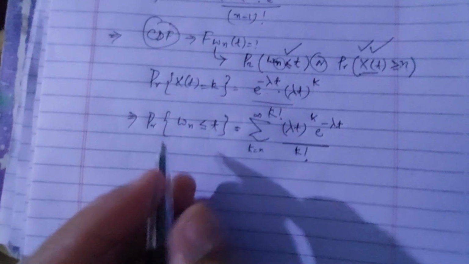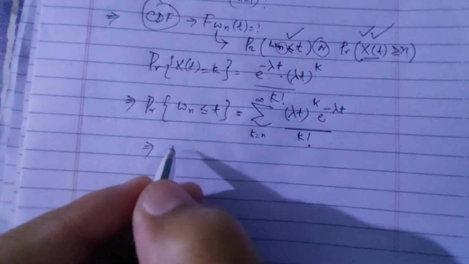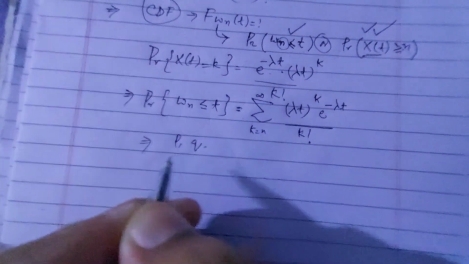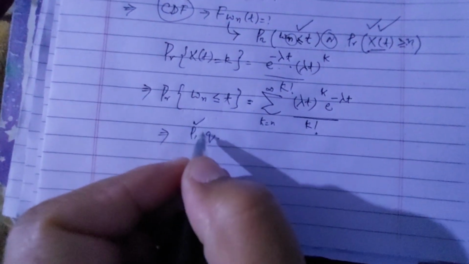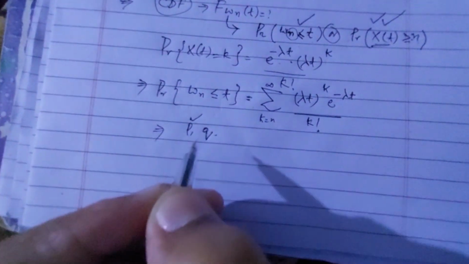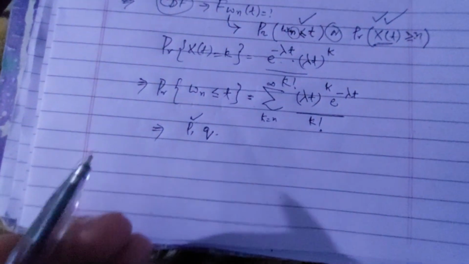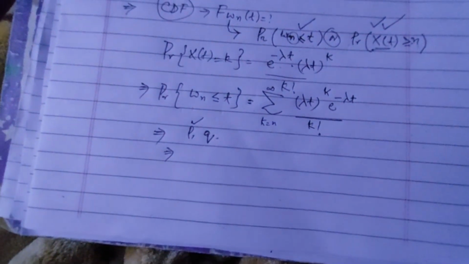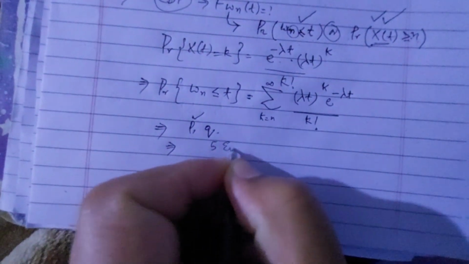Remember the case that we used about the P and Q. P is the probability for an event, and Q is the probability for all other events. For example, we have 5 events.